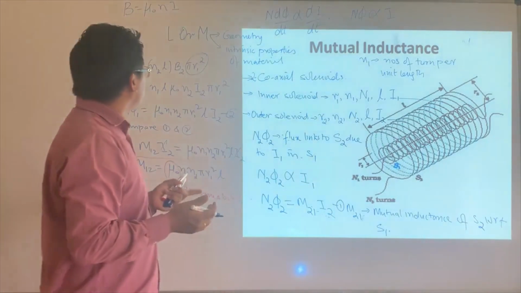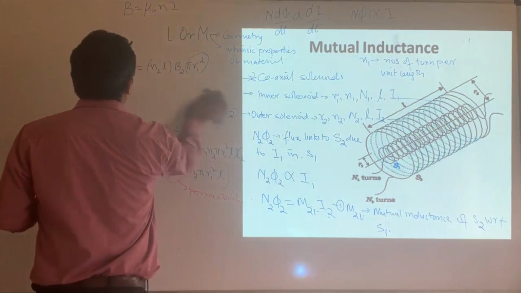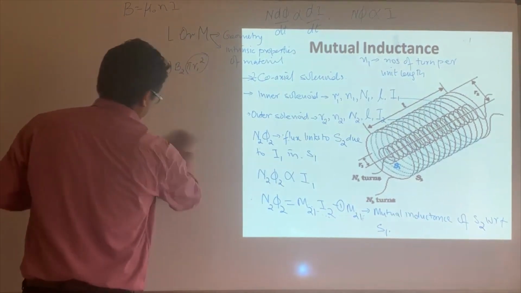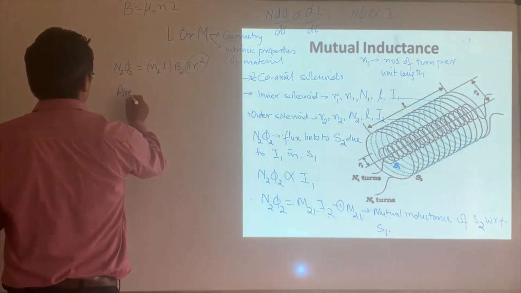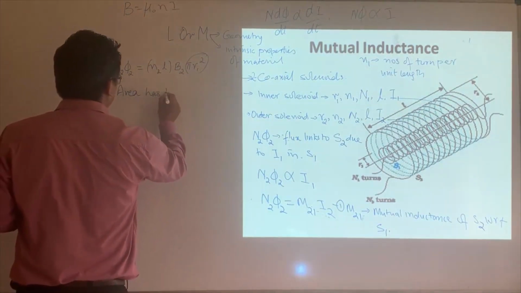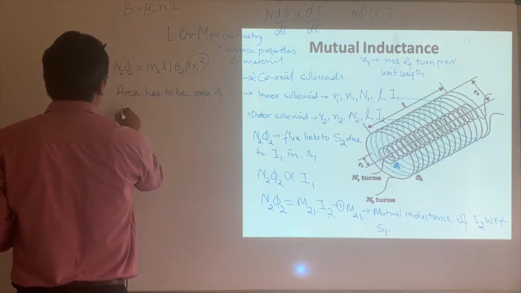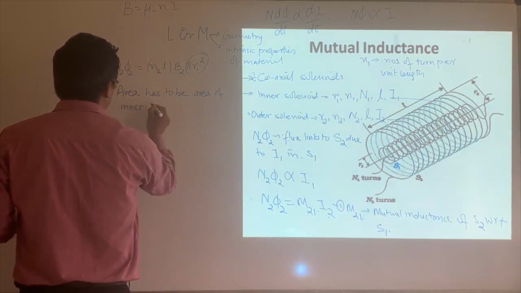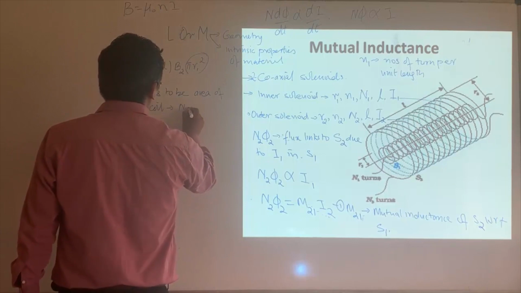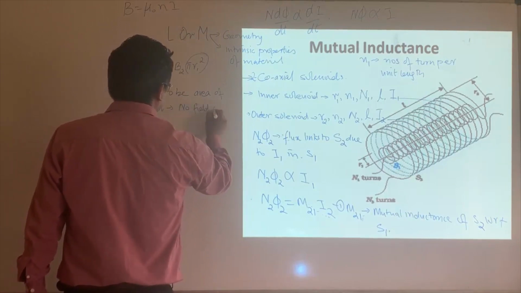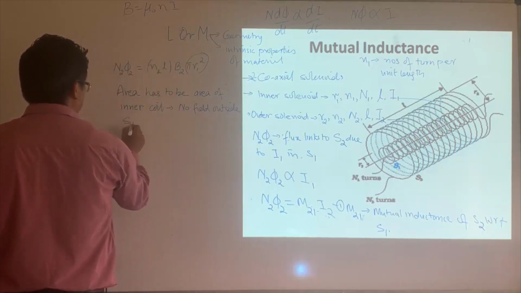I'll write here: area has to be the area of the inner coil. The reason is that there is no field outside S1.